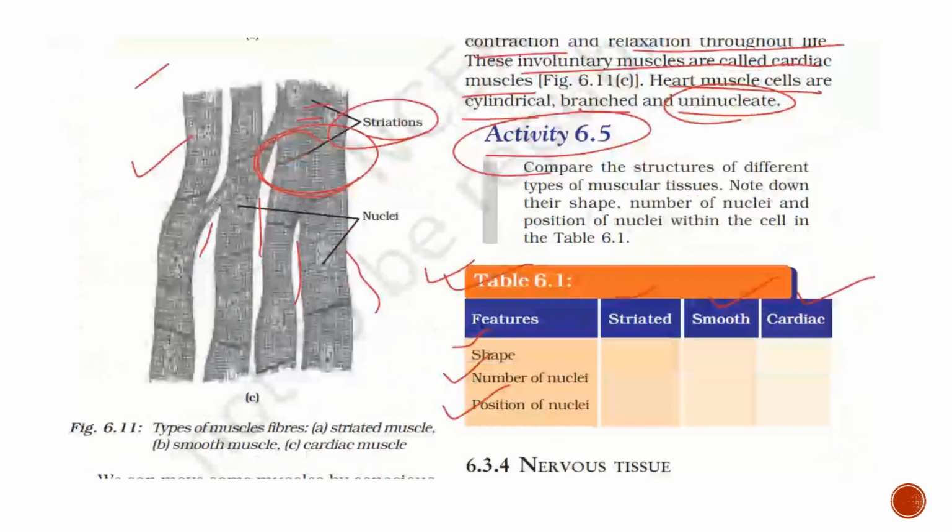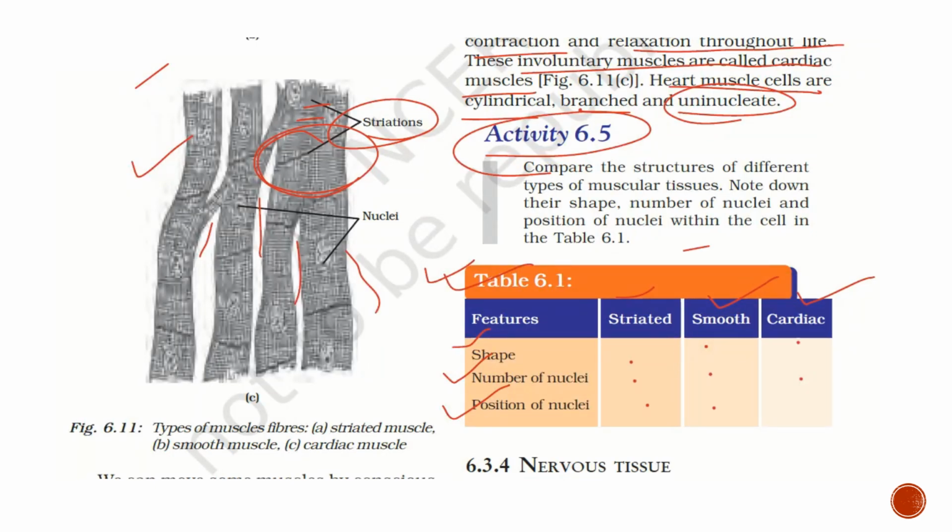Take out your notebook and do that, and if you are not able to, you can ask me in the comment box. You are supposed to write the shape, and the number of nuclei: whether they are uninucleate or multinucleate.